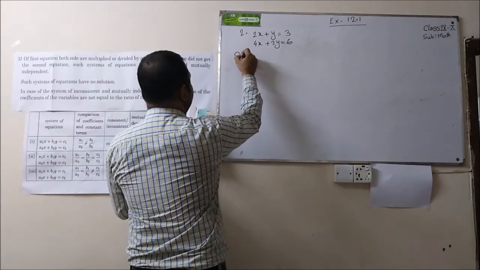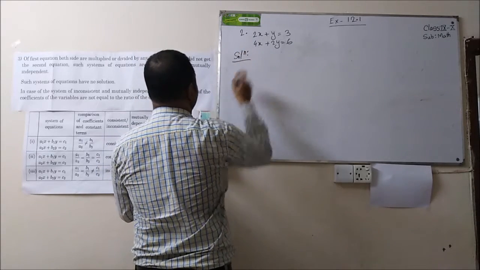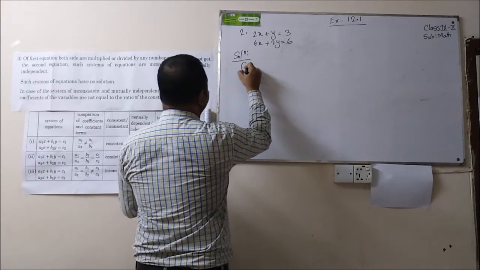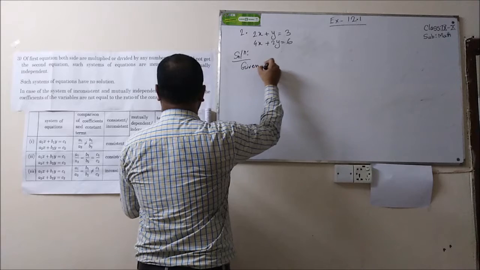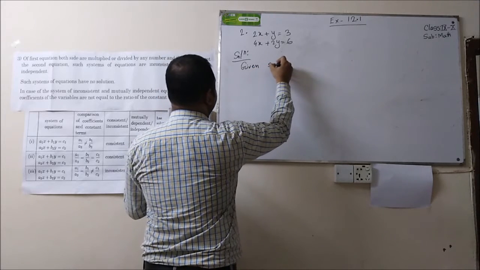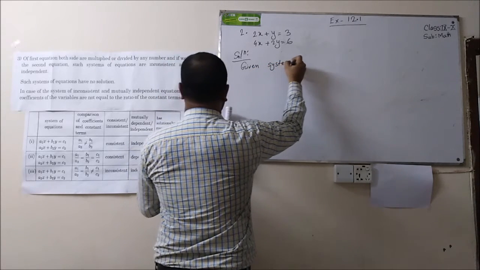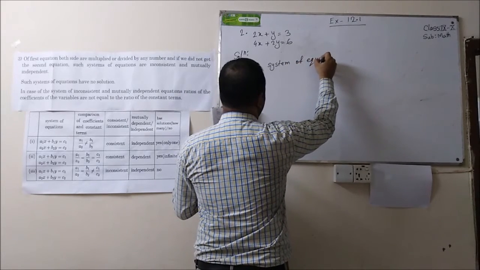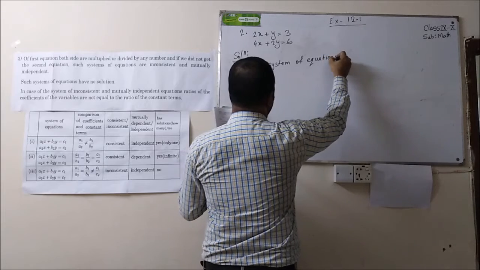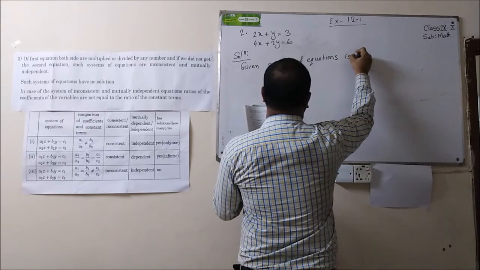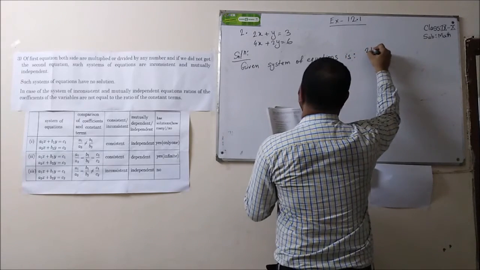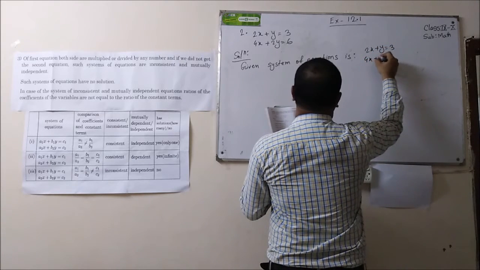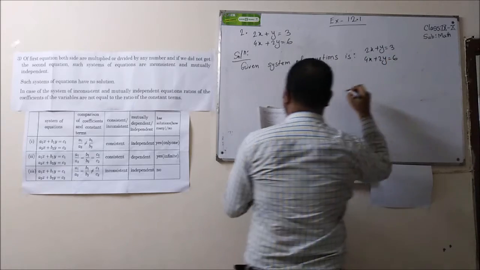So solution. For finding the solution, the given system of equations is 2x plus y equal to 3, 4x plus 2y equal to 6.